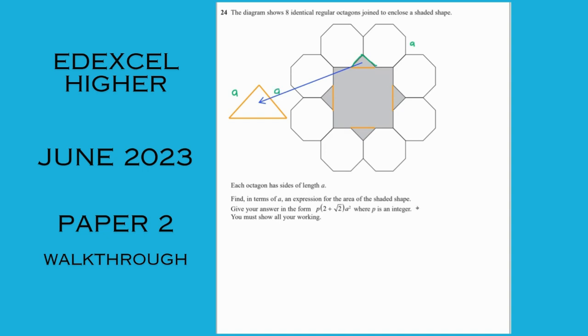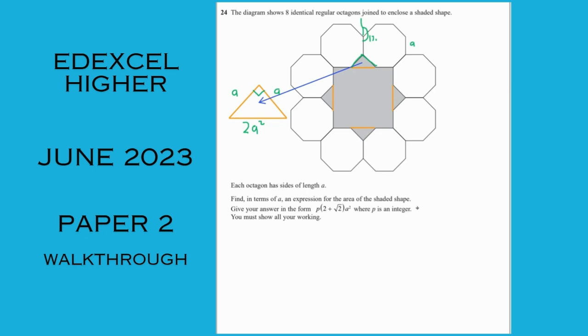So this distance here, you might not realise it, that is a 90-degree angle. However you think about it, because the external angle of an octagon is 45, internal 135, it's a 90. So that means we can apply Pythagoras. So the hypotenuse is 2a squared plus a squared.